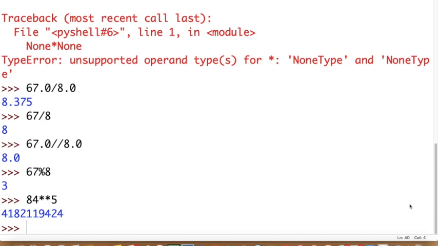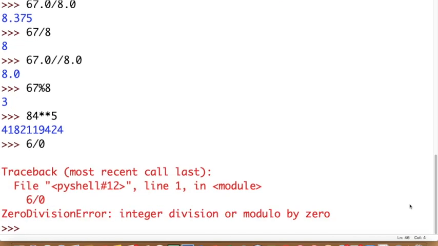Now let us go for the last operation, which is 6 divided by 0. Let us find out what is the result of this operation. You can see there is another type of error reported by the compiler, which is a ZeroDivisionError. Why does this happen?